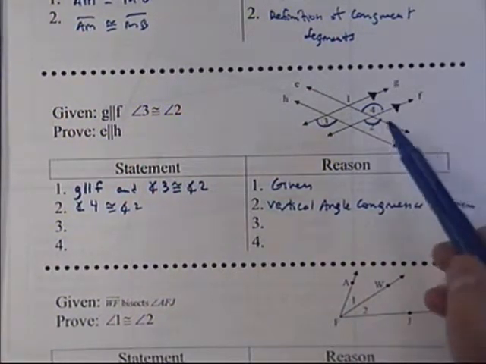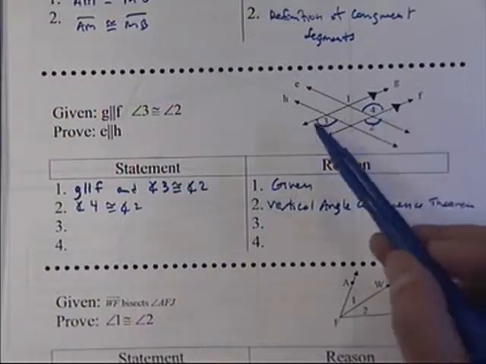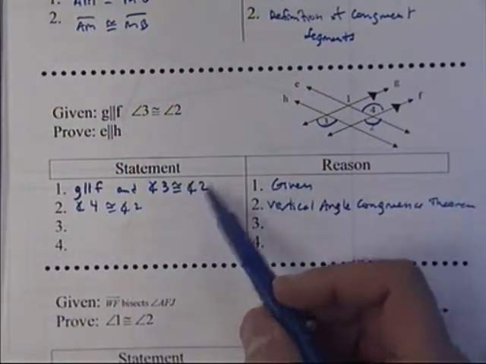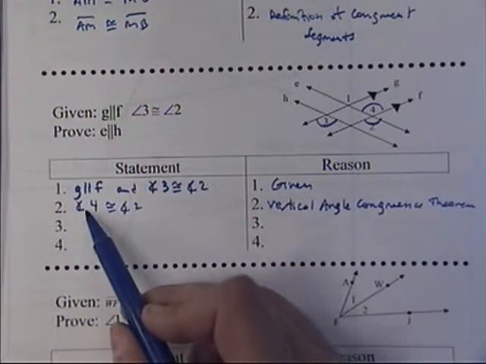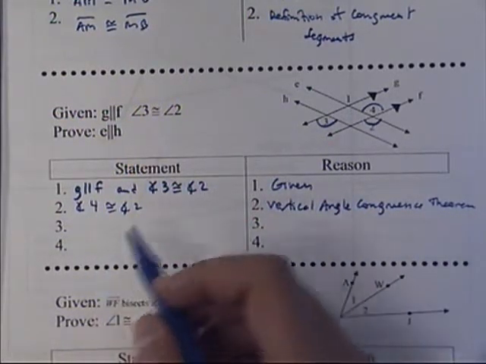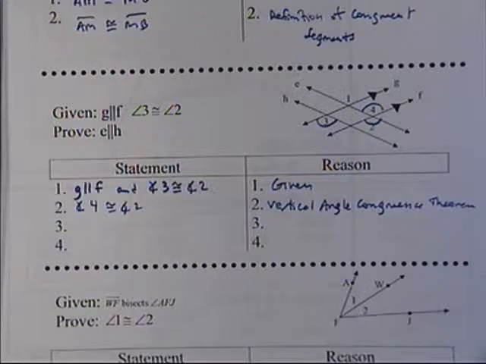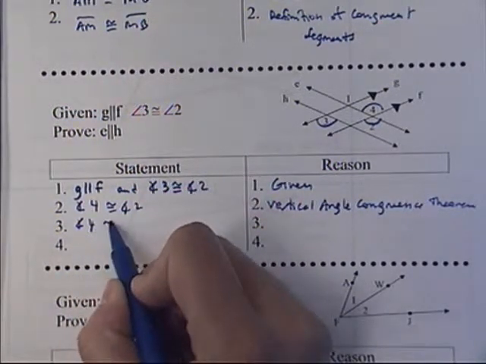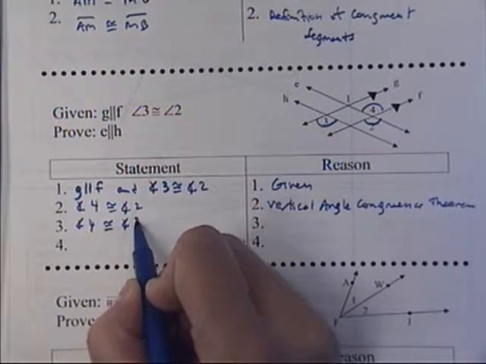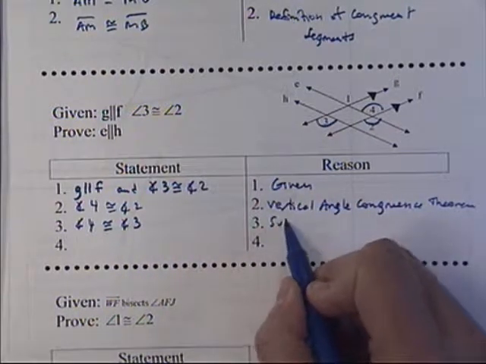And then how do I show that angles 3 and 4 are congruent? Well, if angle 3 is congruent to angle 2 and angle 2 is congruent to angle 4, we can either do a substitution or we can use the transitive property. It actually works both ways. I'm going to say that angle 4 is congruent to angle 3 by substitution.